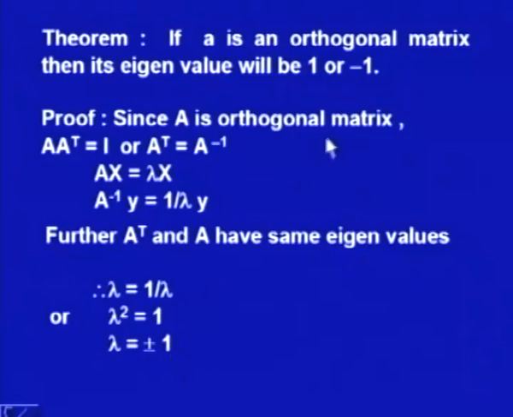So, if A is an orthogonal matrix, then its eigenvalues are 1 or minus 1.